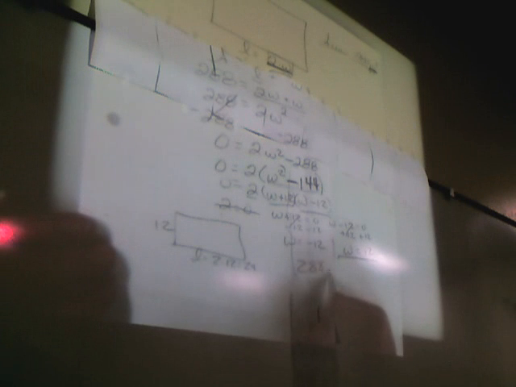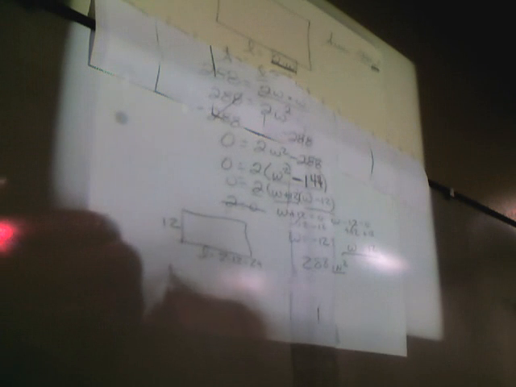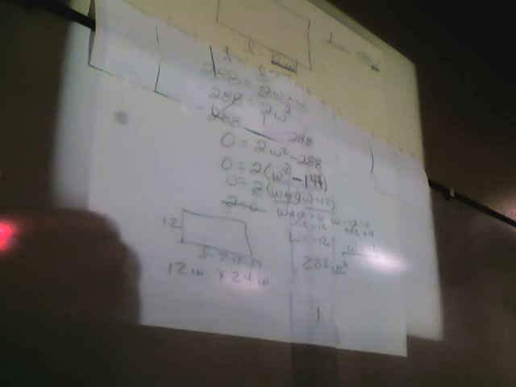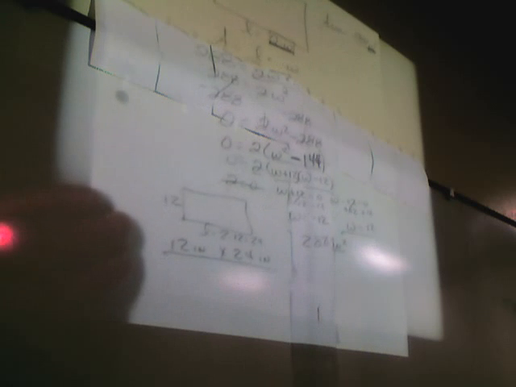So if the width is 12, what did it say the length was? Twice the width, wasn't it? So it'll be 2 times 12, which is 24. And remember, our area is in square inches, so we're going to put inches behind each of these. We said it was 288 square inches. So if we had 12 inches by 24 inches, does 12 times 24 give us the 288?